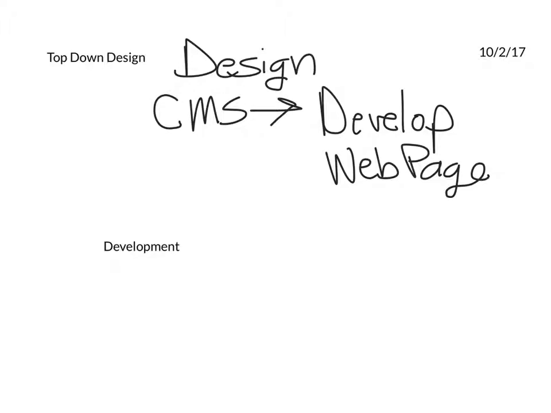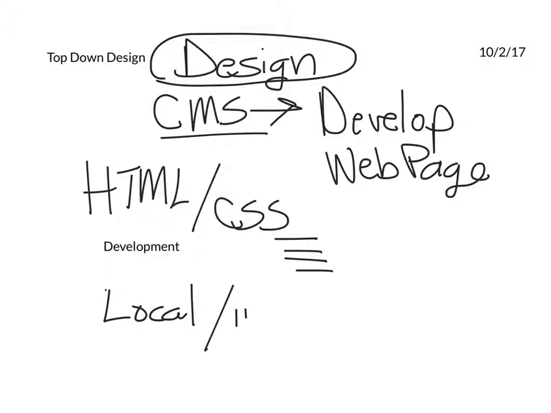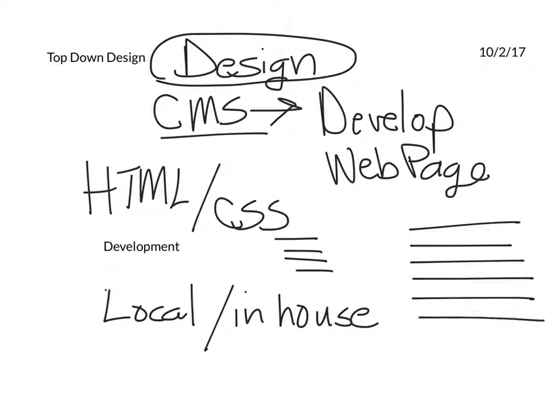Now that we have the design, we can go ahead and start developing the web pages using HTML and cascading style sheets and actually coding. This can be done on a local machine or in-house. People can't see the website, or you wouldn't allow them to see it, and you'd work on the design and get everything to work. So it would be the links, the navigation, and so forth. You would actually develop it in the development stage.